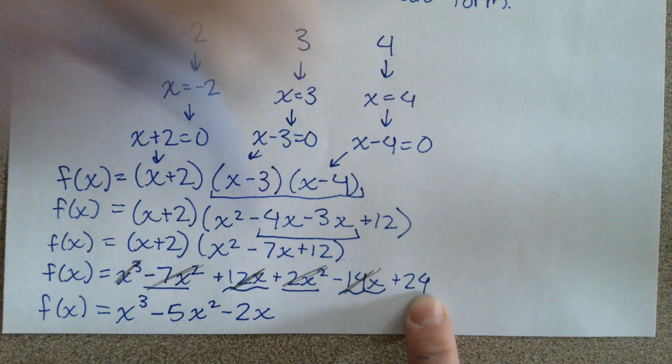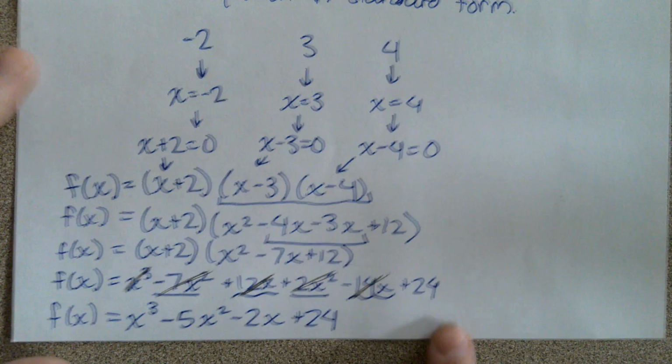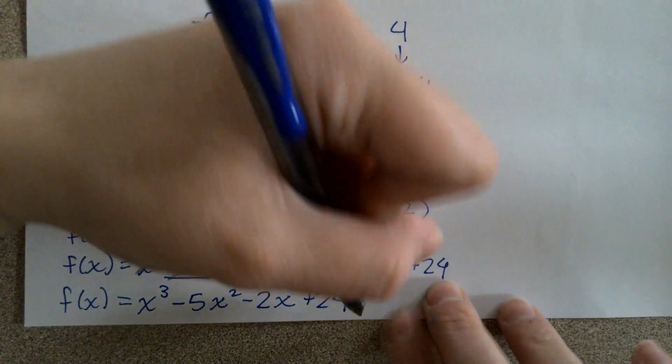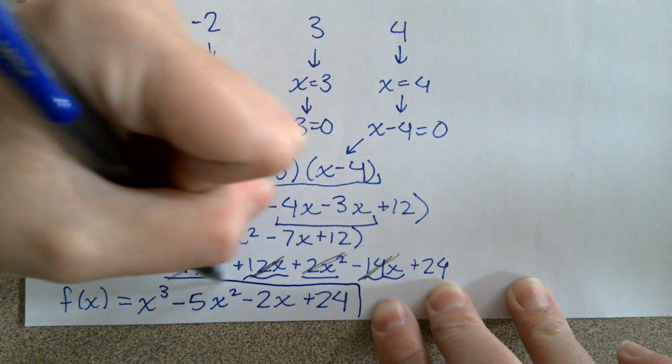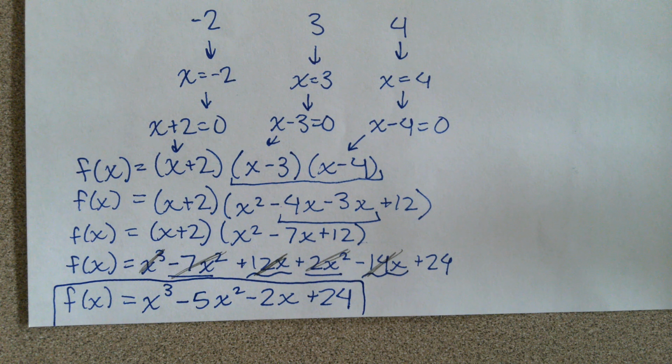Mark those out, and we're left with 24. So my final answer is f of x equals x cubed minus 5x squared minus 2x plus 24. And that's my equation. I am done.